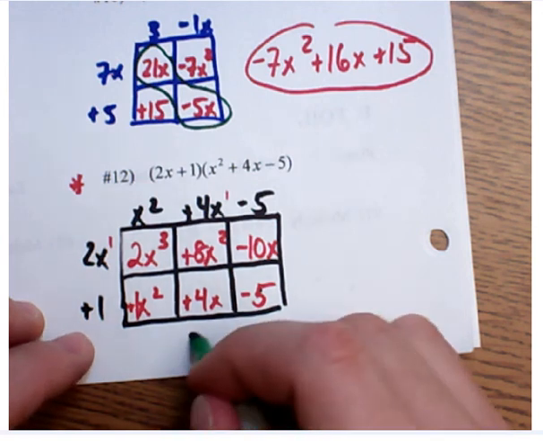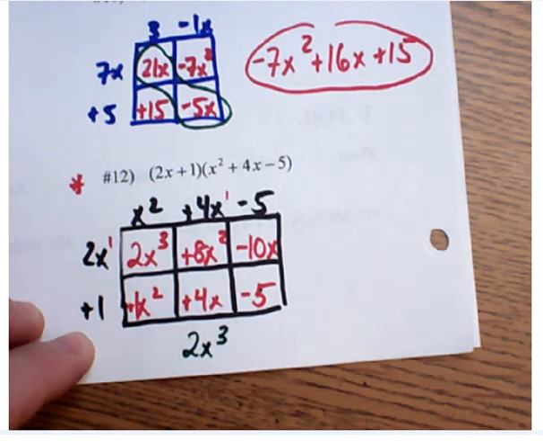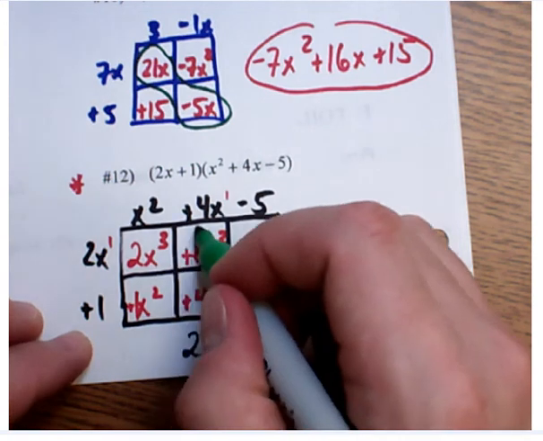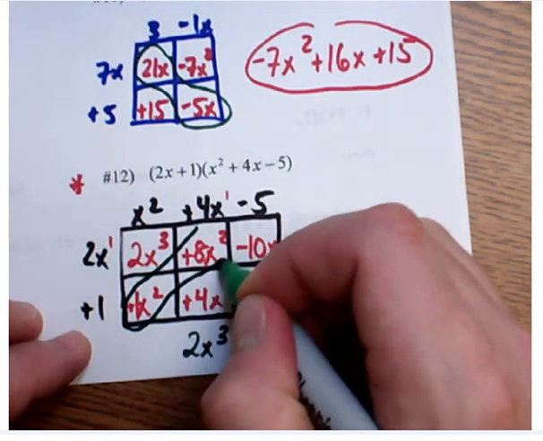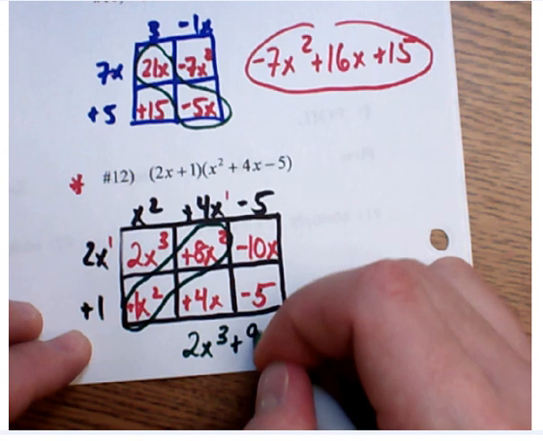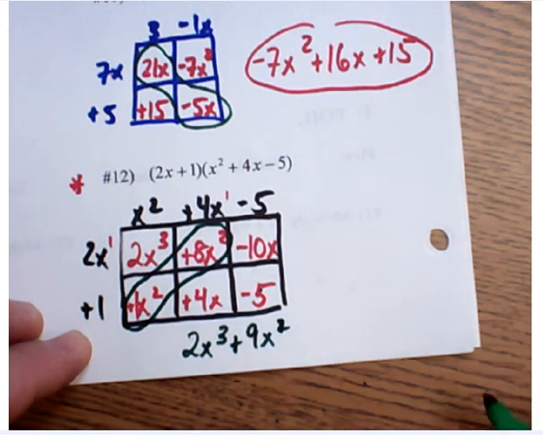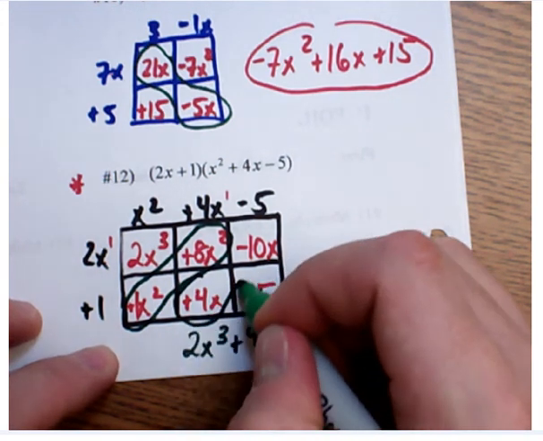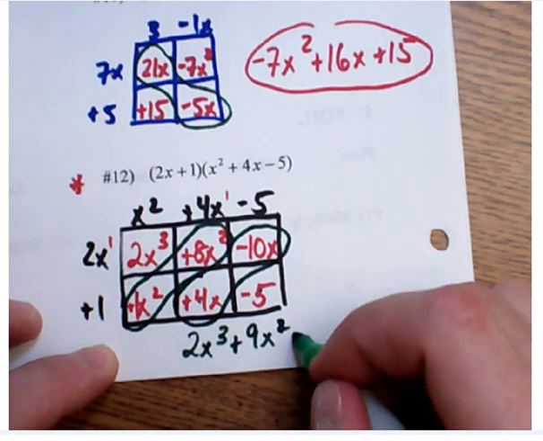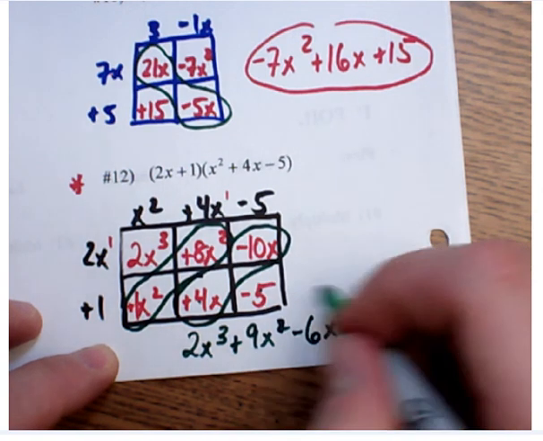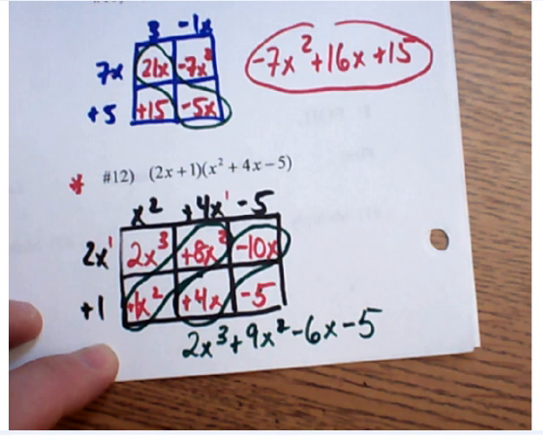So down here at the bottom, we'll write 2x to the third. That stays the same. You have a 1x squared and an 8x squared. 1 plus 8 is 9x squared. You have a 4x and a negative 10x. 4 minus 10 is minus 6x. And then you have the constant minus 5. And that is your answer.